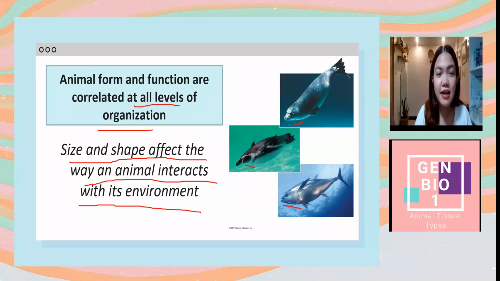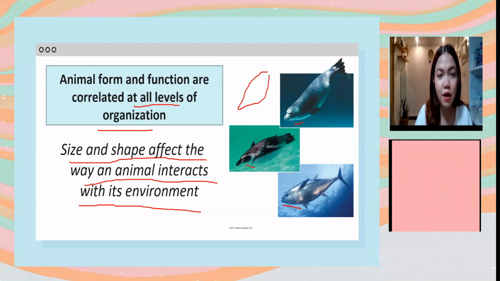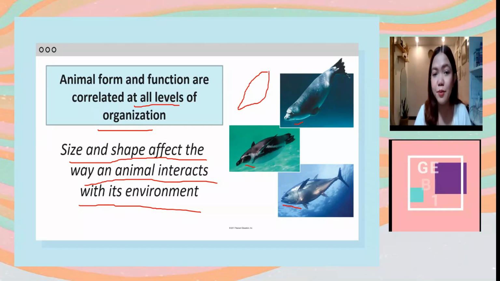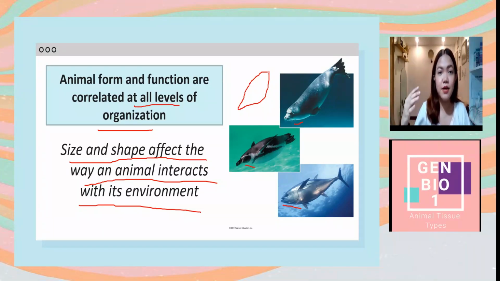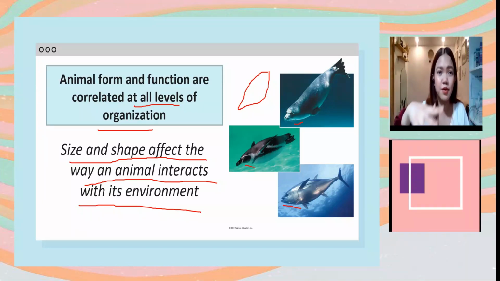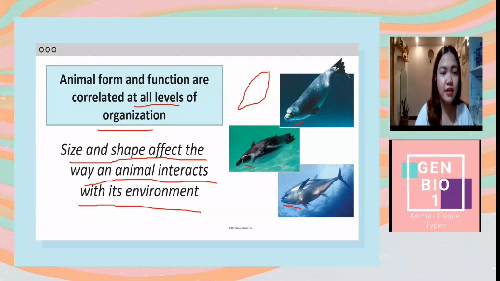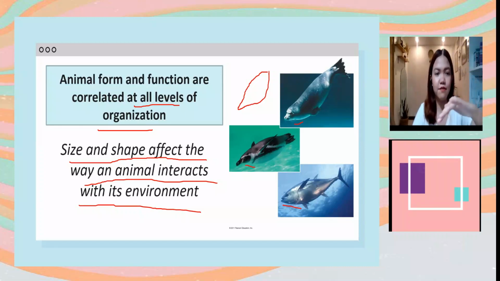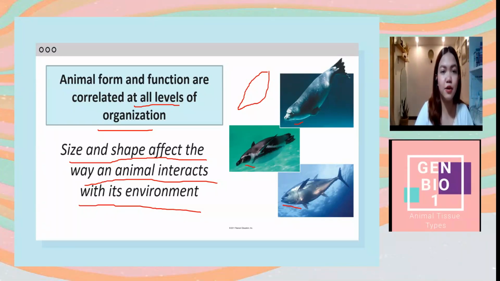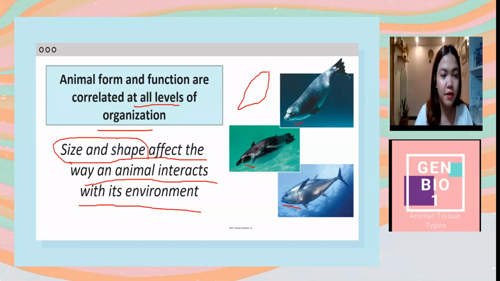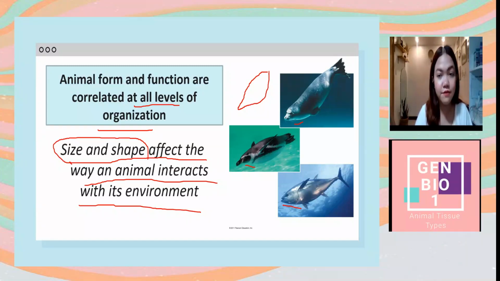They all have this kind of body shape, a torpedo shape, which helps them move deeper into the water and catch prey. Since they live in water and they need to dive, their form should really be like that. Okay? So please remember that the size and shape affect the way an animal interacts with its environment.